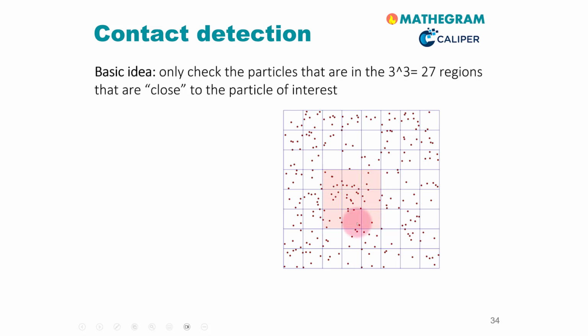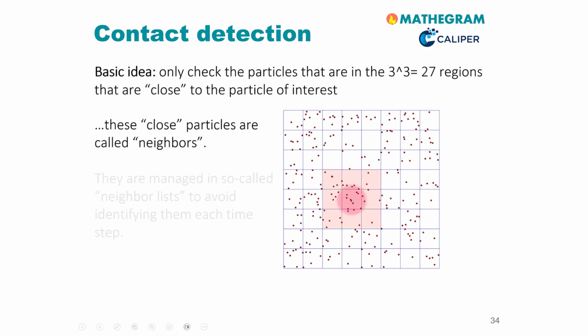In 2D that would be 9, in 3D that would be 3 cubed, that would be 27 regions, right? Those close particles are called neighbors, and these particles are managed in so-called neighbor lists. Again, neighbor lists are nothing else than a list of neighboring particles for a specific particle.